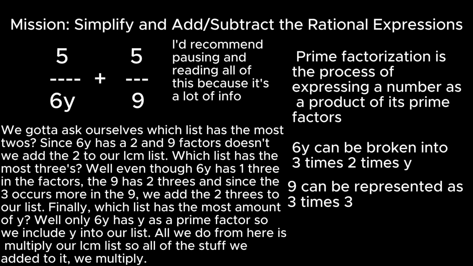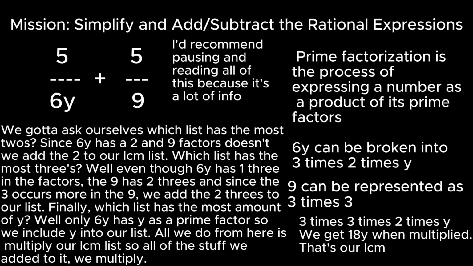And then for y, it appears only in 6y, so we include that as well, because the y appears the most in that list. So now we have 2 times 3 times 3 times y. When we multiply this together, we get 18y.